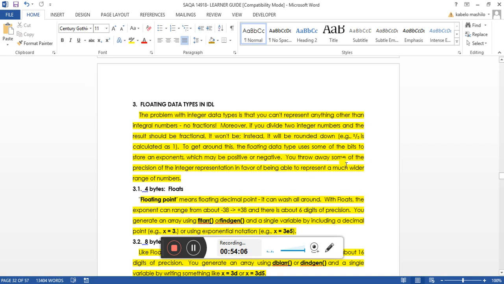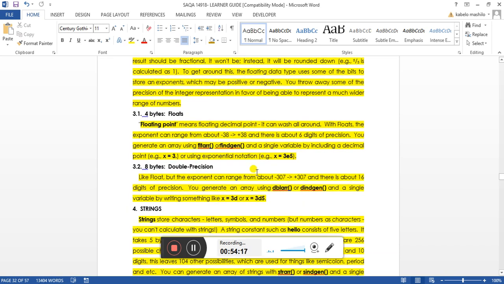You throw away some of the precision of integer representation in favor of being able to represent a much wider range of numbers. 4 bytes floating point means floating decimal point. The exponent can range from about minus 38 to plus 38, and there are about 6 digits of precision.